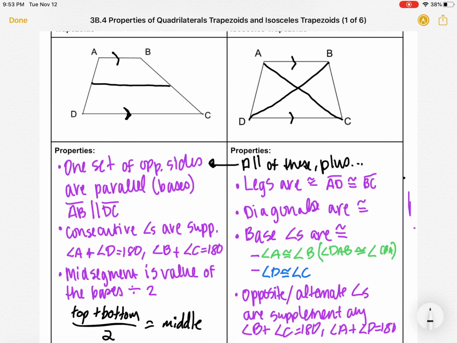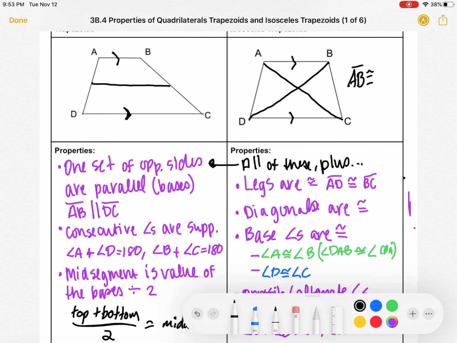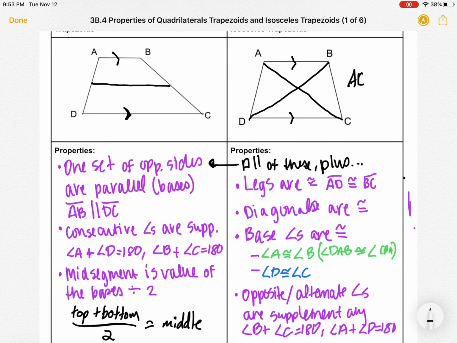So just know that they are congruent. AC is congruent to BD, and so the diagonals are congruent.